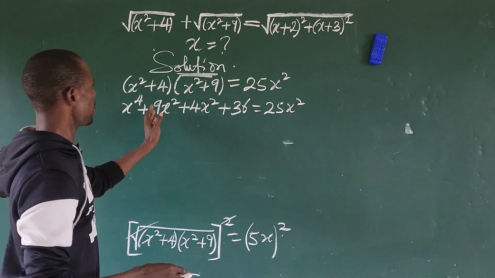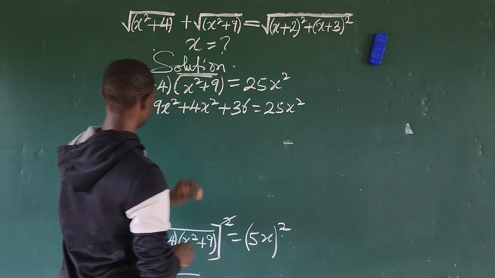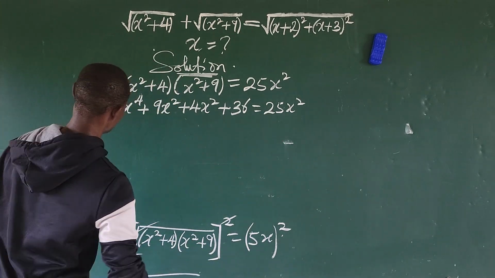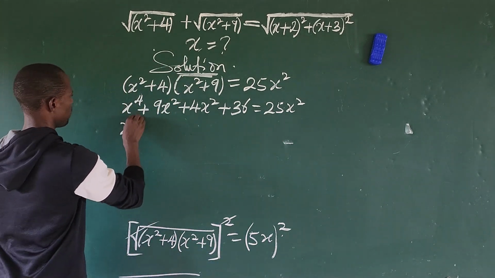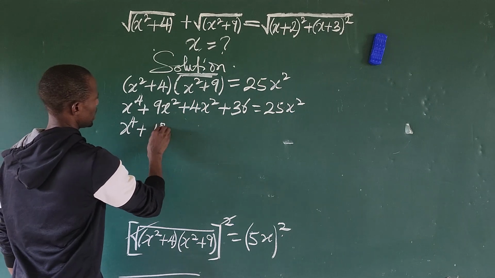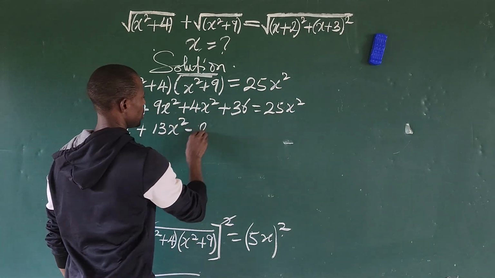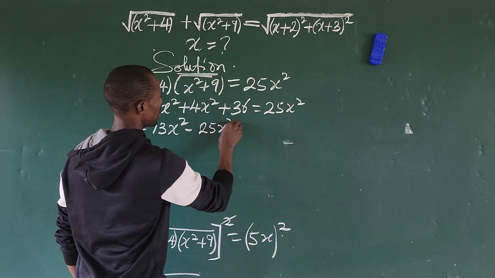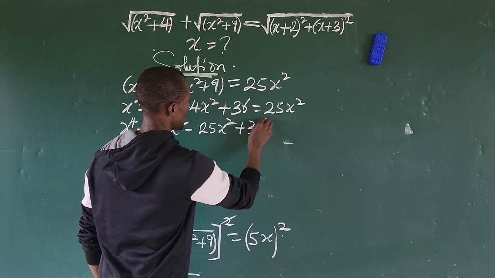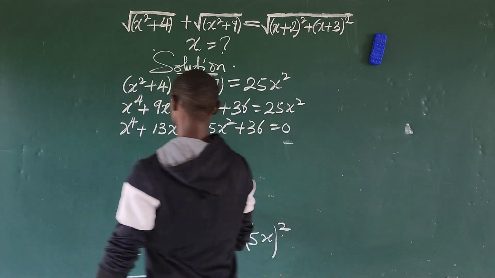So we can add these up and move this to the side of the equation. This will give us x to the power of 4, then plus 13x squared, then minus 25x squared plus 36 equal to 0.